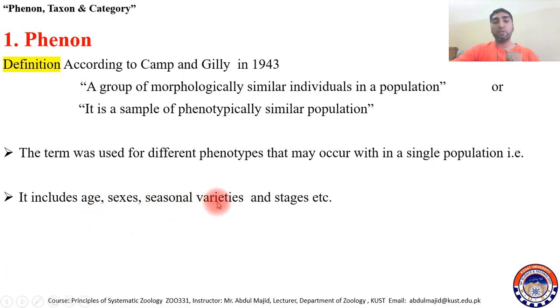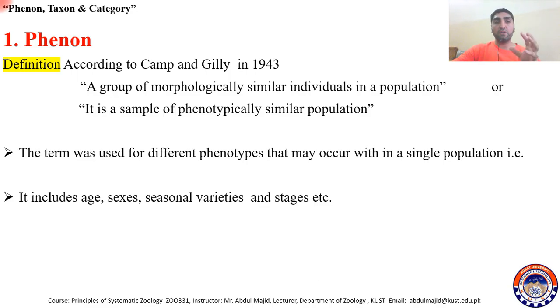Then there are seasonal varieties. There are some animals which have different varieties in different seasons. I mean, sometimes they shed their fur or their feathers in one season, and in another season they regrow their fur or their feathers.